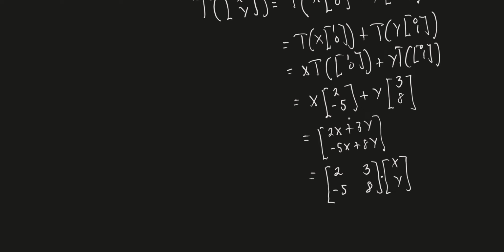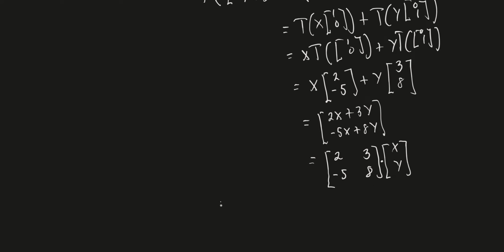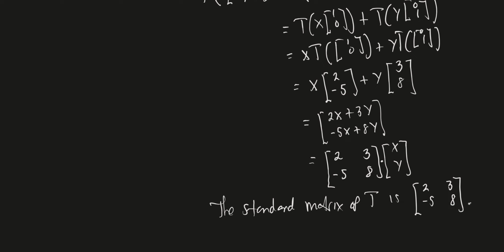So the standard matrix, so let's write that down. So the standard matrix of T is that matrix made up by the columns which are the images of our standard basis vectors.